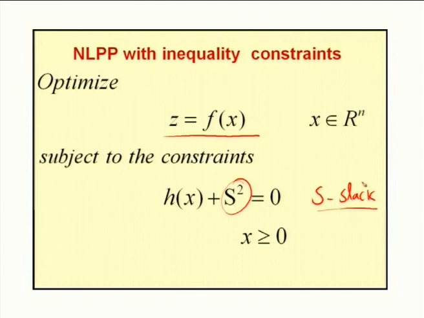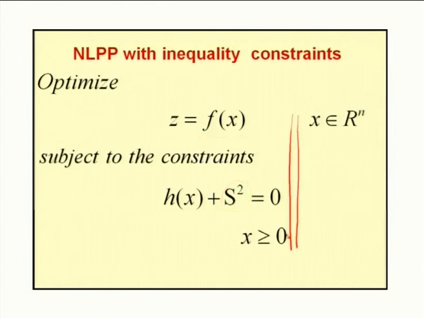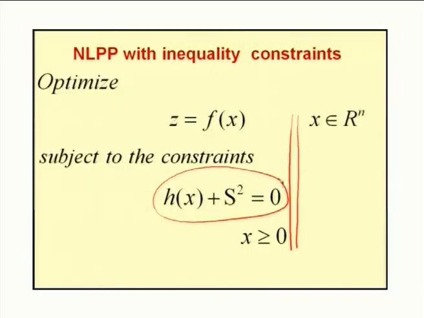So, by introducing the slack variable s, the inequality constraint becomes the equality constraint h of x plus s squared equal to 0, x greater than or equal to 0. Now, this modified nonlinear programming problem is in terms of n plus 1 variables with an equality constraint.